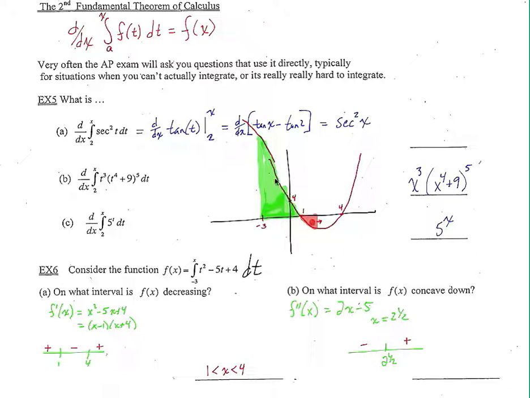But the function f of x is going to be concave down when x is less than 2.5. And we are done with the backside of the second fundamental theorem of calculus notes.